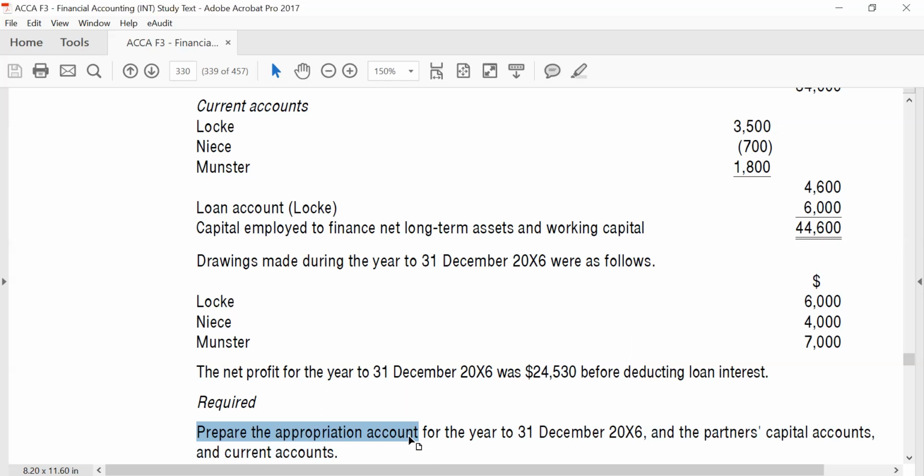The first step was to determine our profit. So ideally, even if they have not talked about us preparing a profit and loss, we have to first determine our so-called profit before we appropriate the profits to the partners. So that is one thing that we have to consider.